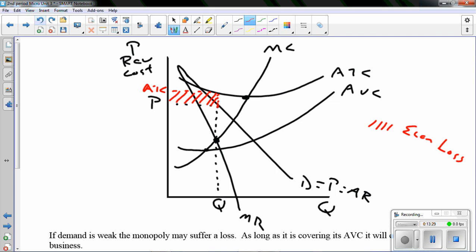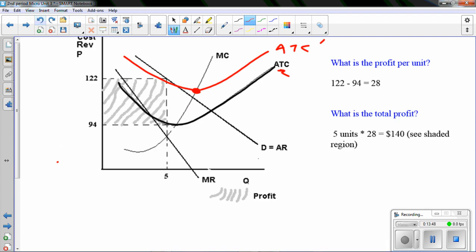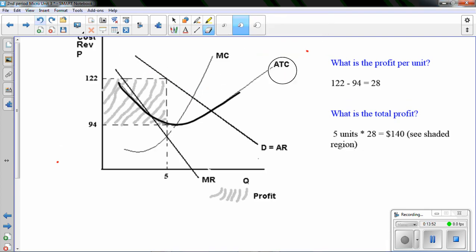This one. I was about to say, I often get asked about this one right here. Is this a natural monopoly or a regular monopoly? And the answer is we really don't know. You would say, oh, it's got to be a natural monopoly because the demand curve is to the left of the minimum of the ATC. Well, how do we know that this isn't just this firm here, where the demand curve just happened to shift to the left?